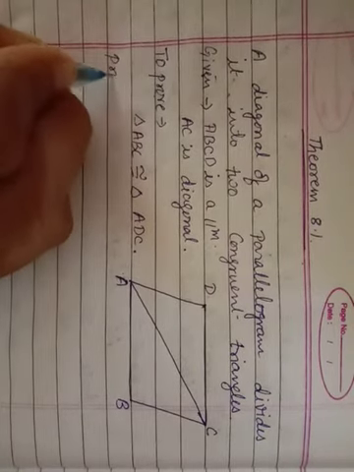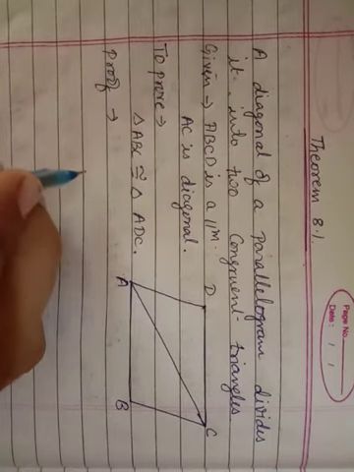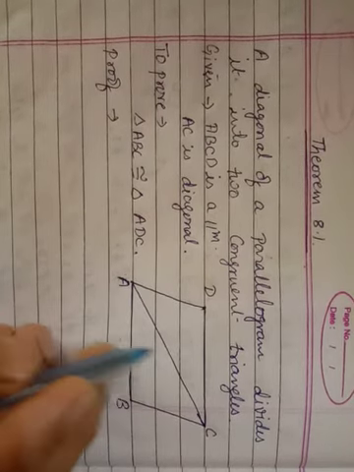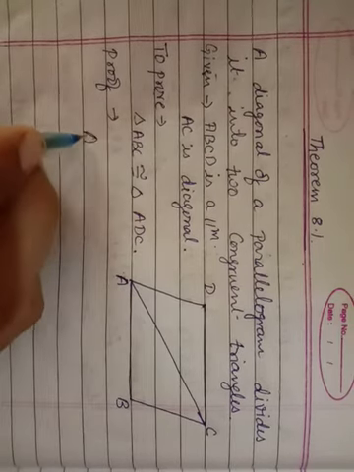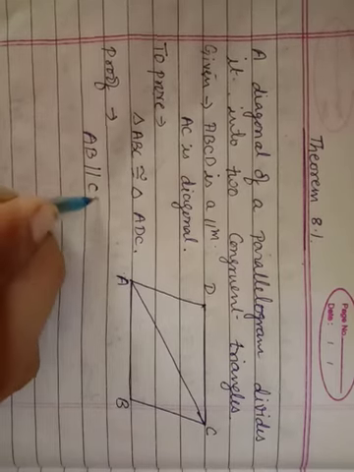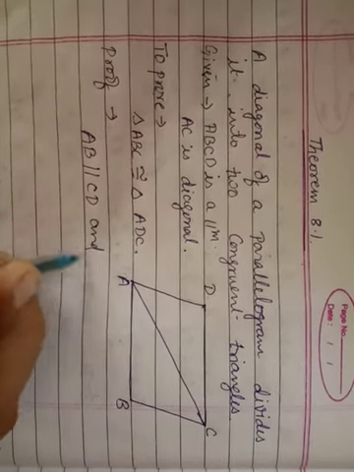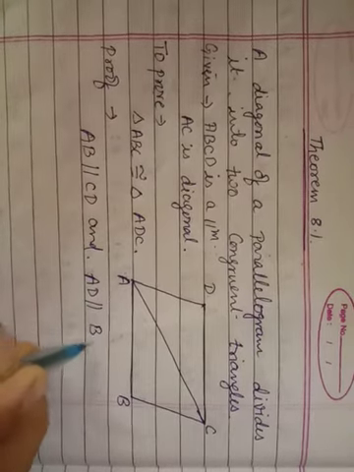So let's prove it. In the proof, as the opposite sides of a parallelogram are parallel, we know this. So we can write that AB is parallel to CD and AD is parallel to BC.